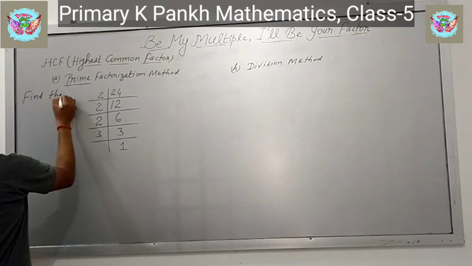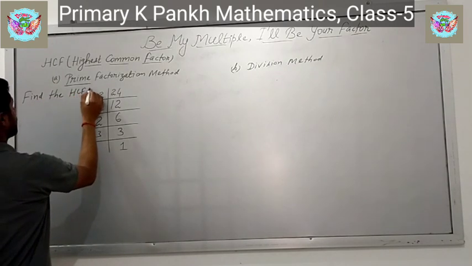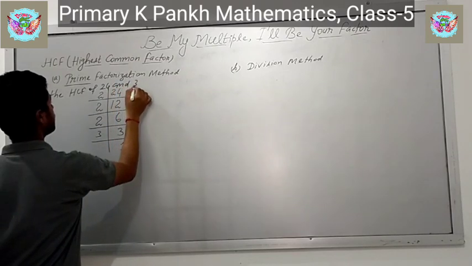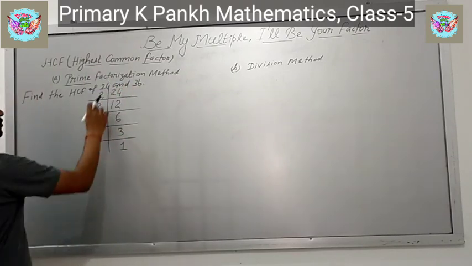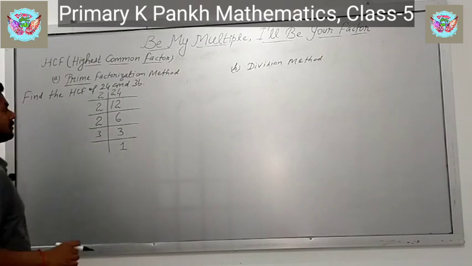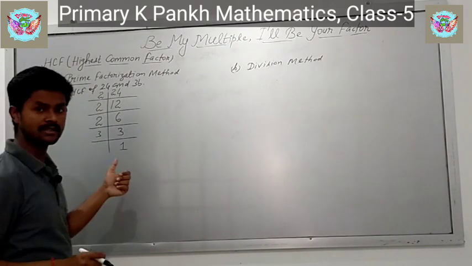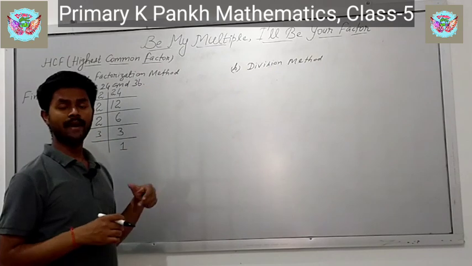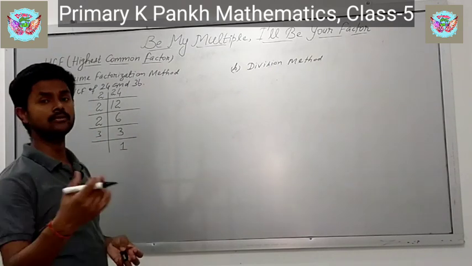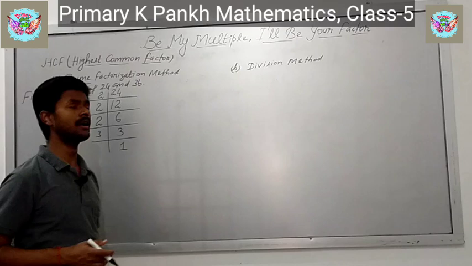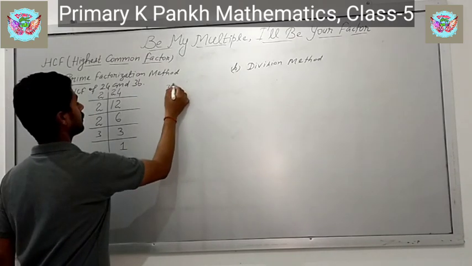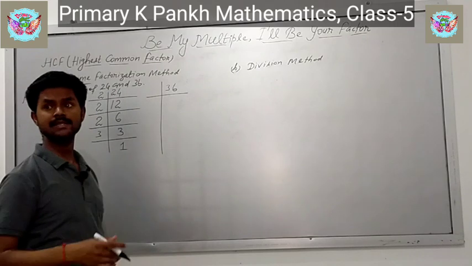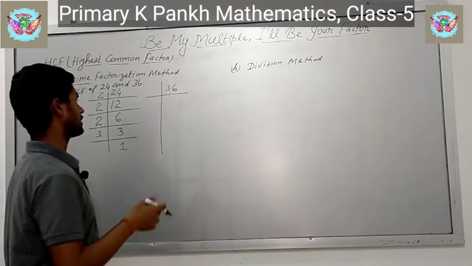Find the HCF of 24 and 36. When you have to find the HCF of 24 and 36, first of all you have to find the factorization of 24, you can also say prime factorization of 24. And after that, you have to find factorization of 36, meaning prime factorization of 36.